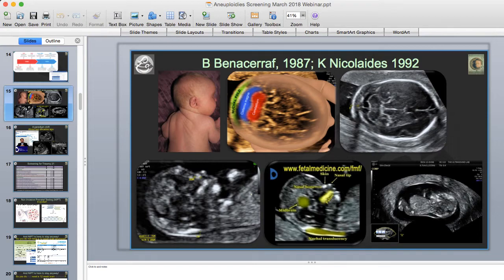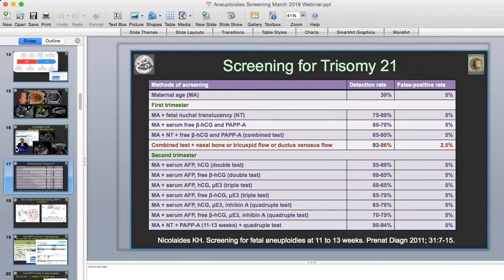Now, how have these changes shown us a difference in detection rates? Well, here it goes. In general, the second trimester changes, which were actually discovered far before the first trimester screening markers were discovered, did not do too badly if you went on to the quadruple test, which means about 70 to 75% detection rate.